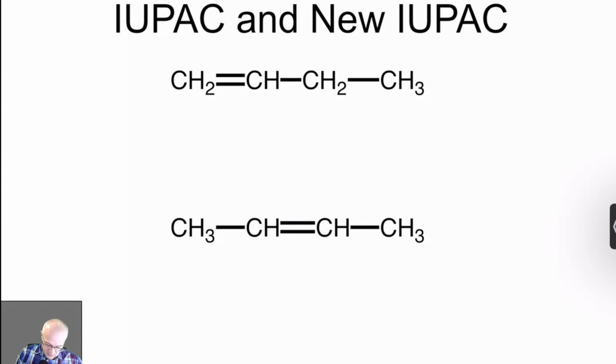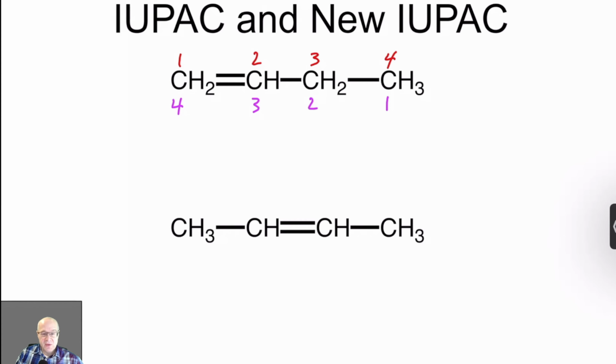So now, we want to name this bad boy right here. So we have to number the longest continuous carbon chain. So you can number it from this side, 1, 2, 3, or 4, or you can go from the other side, 1, 2, 3, or 4. Now, you have to pick whichever numbering system gives the double bond the lower number.